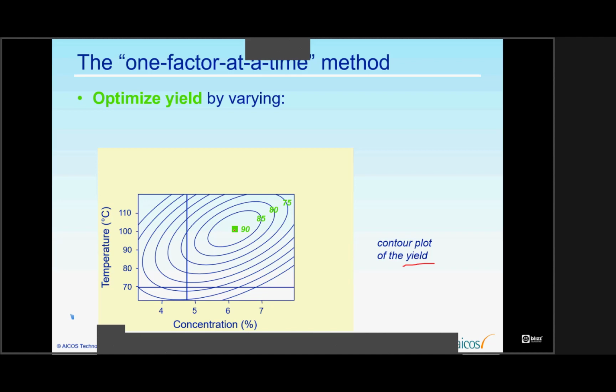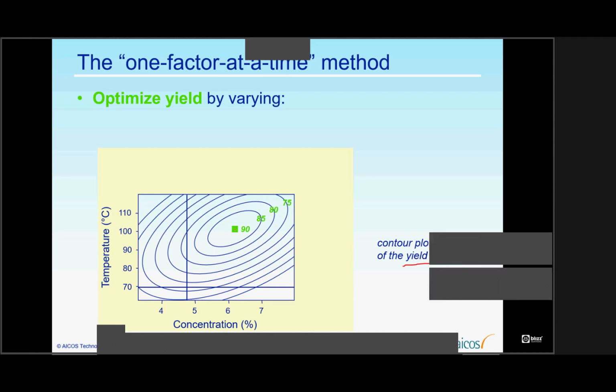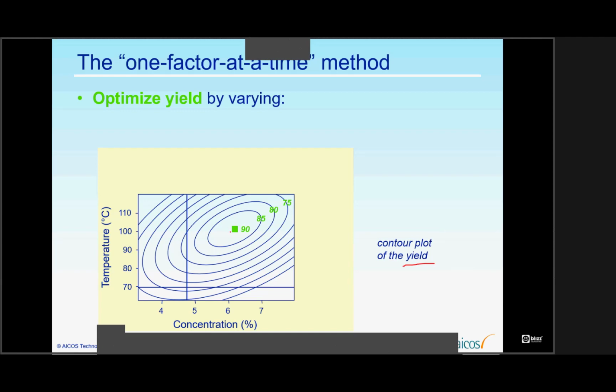Of course, when you do experiments, you don't know this in advance until you have done the experiments. Then these lines show that, for instance, on this line 85, the yield is constantly 85 and so on. So it's a kind of hill that you see from the top.